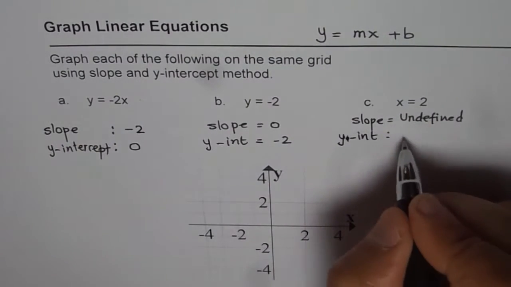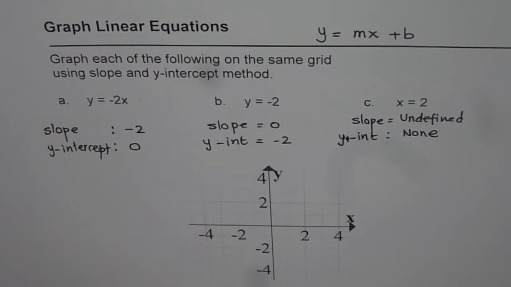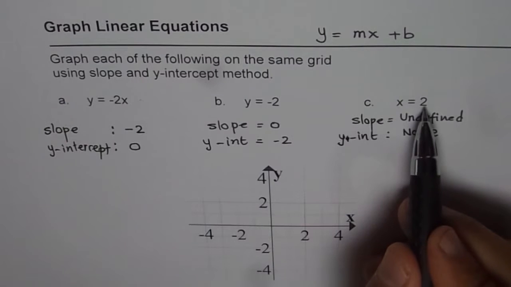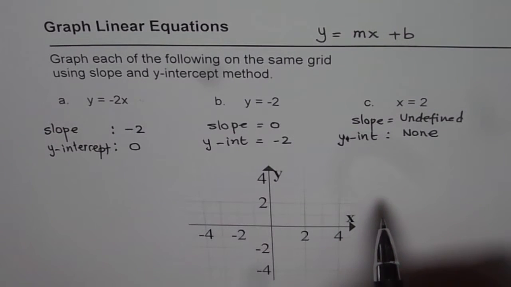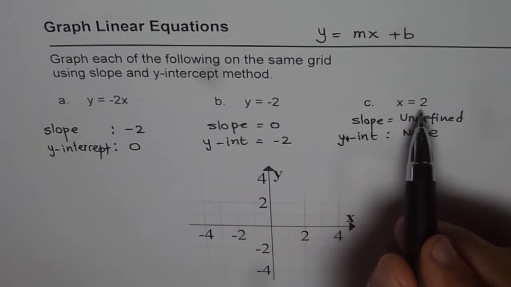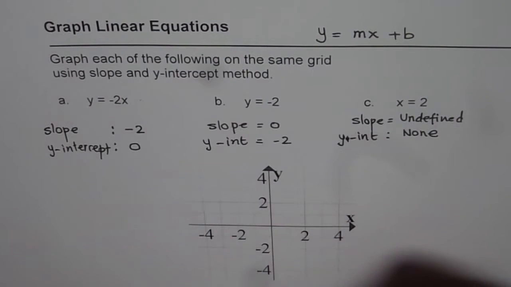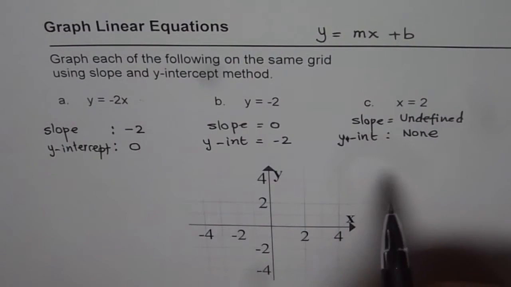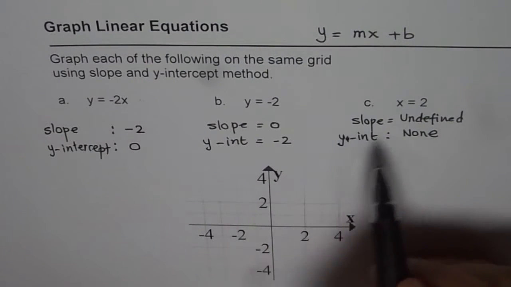The y-intercept is none. It does not have any y-intercept, right? x equals 2 for every value of y. It is just a straight vertical line and is never going to intersect the y-axis. So that is how we can write the slope and y-intercept.